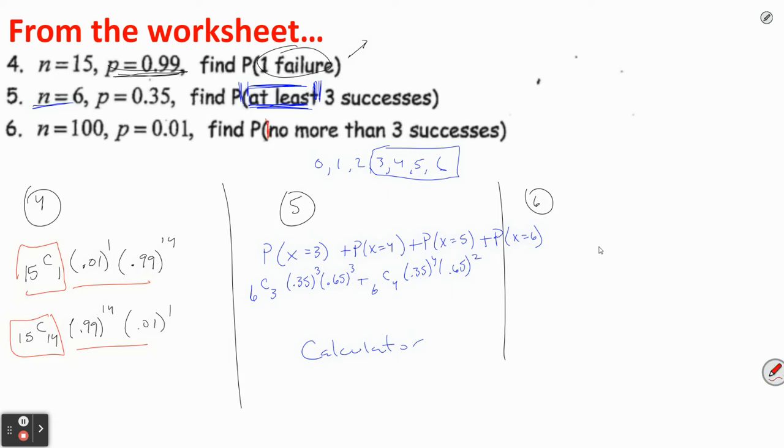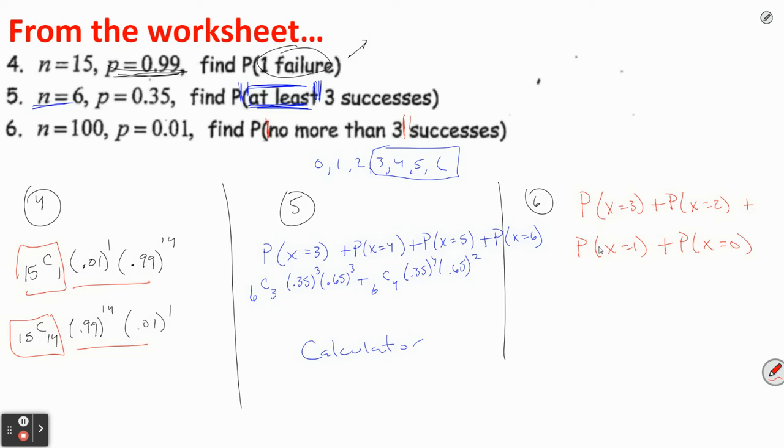So no more than 3. If we're talking here in number 6, moving on to number 6, we get x equals 3, x equals 2, x equals 1, and also x equals 0. You can have no successes.